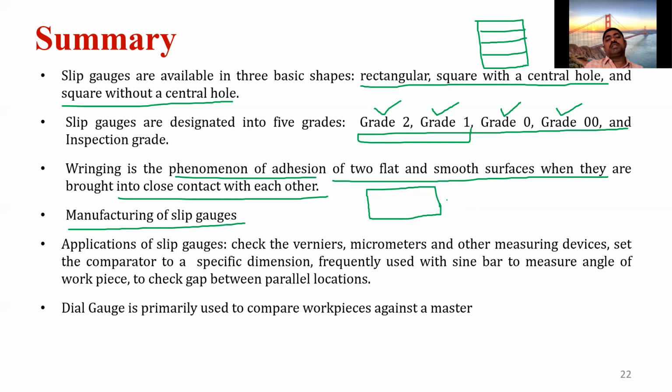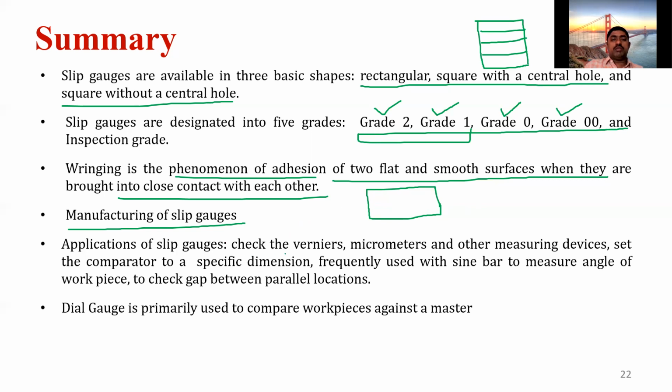Then, to check whether the slip gauges are manufactured to the exact size or not, we pile up all these 8 slip gauges and compare with the master slip gauge. If any deviation is there, that deviation is to be distributed to all the individual slip gauges. If you want to produce each slip gauge individually to the required height, we can also follow the same procedure for manufacturing of the slip gauges.